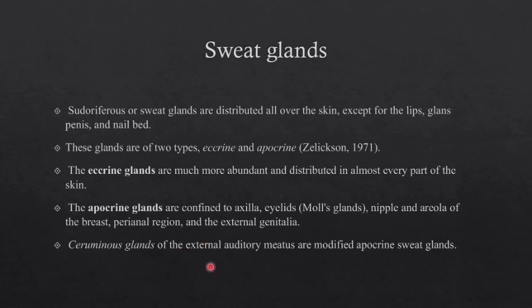Ceruminous glands of the external auditory meatus are modified apocrine sweat glands. The external auditory meatus is present in our ear.